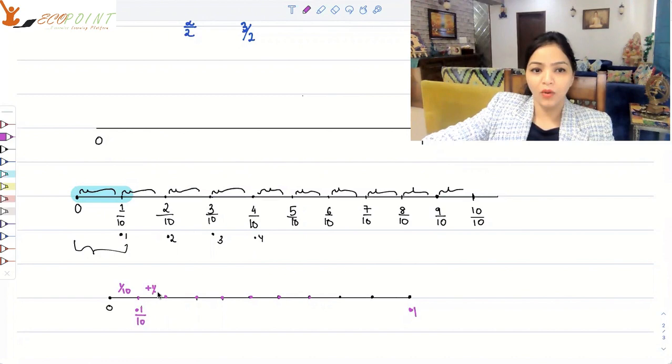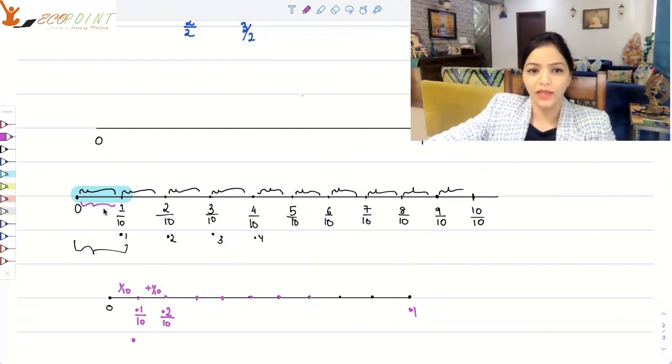Then you add 1/10 more. If you add 1/10 more, it's going to be 0.2 by 10, and so on and so forth. So from 0 to 0.1, just this fraction part, you have divided the points in between into 10 equal parts.